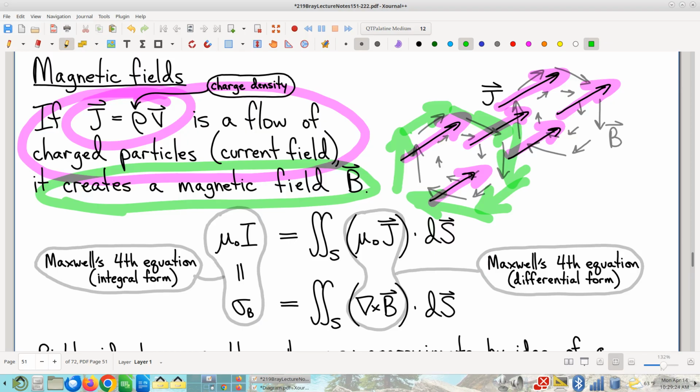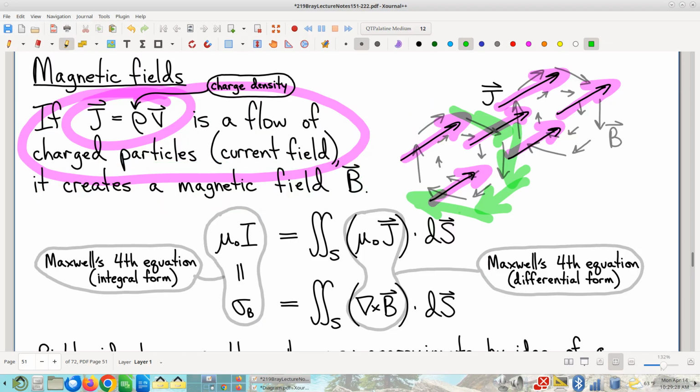Okay. So for the moment, real quick, let's talk about a flux. We could imagine some surface over here.